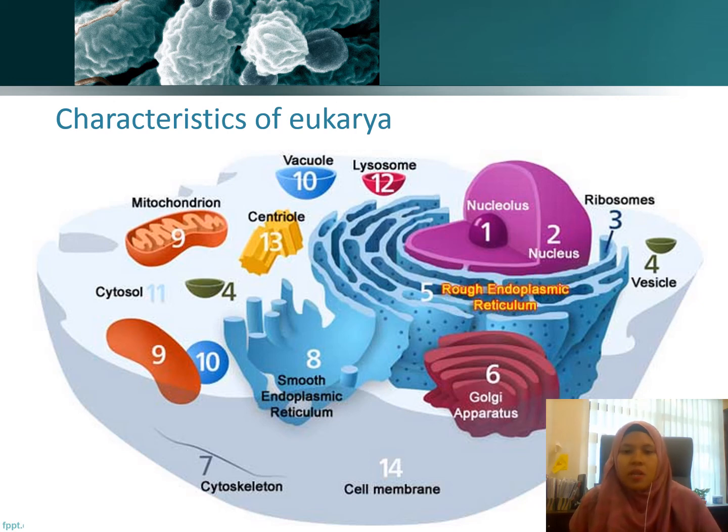Okay, just by looking at this cell, we know that they are very complex. They have a lot of organelles. Okay, so the organelles are numbered. So they are numbered until 10. No, 13. Okay, so in this case, they are showing us that there are 13 organelles in the eukaryotic cell.